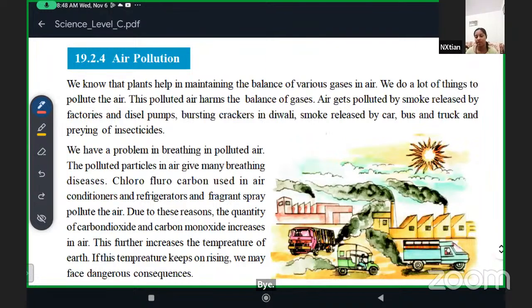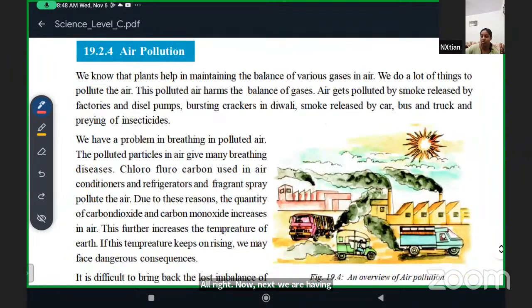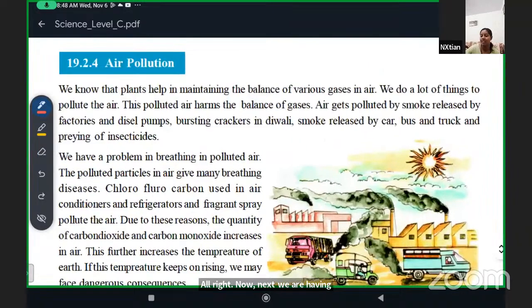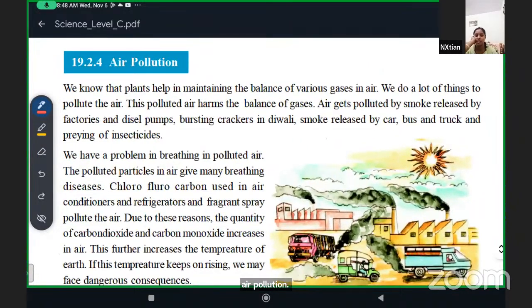All right. Now, next we are having air pollution. What is air pollution? What do you all understand by air pollution? Anyone in your own words?